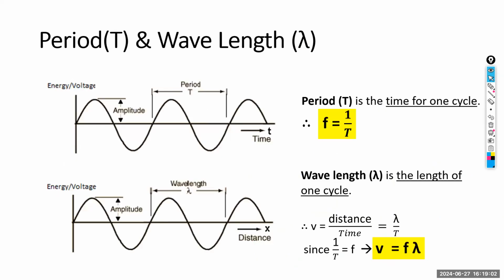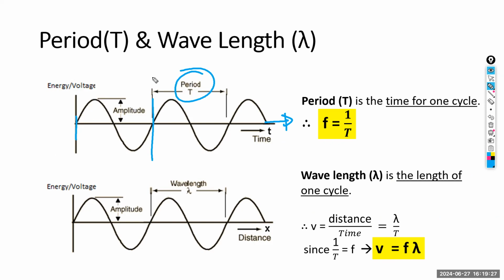Then we look at what is period and wavelength. It is the same thing. We look at it in two different ways. If you look at your wave, thinking that this is the time axis, the time for one cycle is called period.